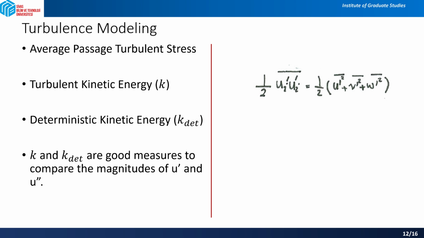When you have two i's in here, it means that you have to sum up. So it is 1 over 2 of u1 u1, which is u, plus u2 u2, which is v, plus u3 u3, which is w. So turbulent kinetic energy is the sum of all the fluctuations in u, v, and w.